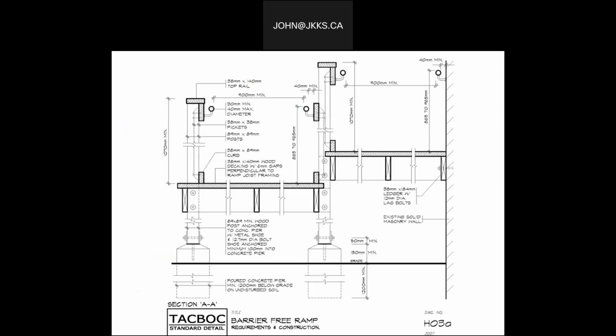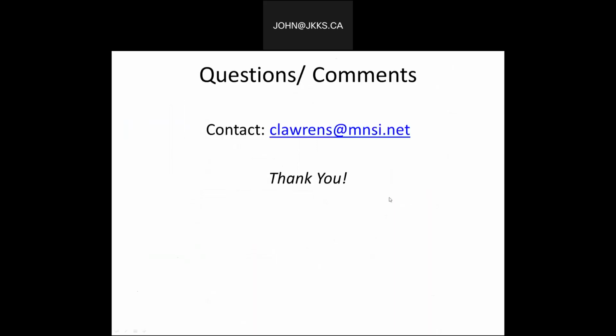In fact, this particular illustration is a series from one of the building departments in Ontario. I believe it's in the Toronto region, and it shows a lot of good details about barrier-free ramps, garage construction, house additions, and so on. So I just wanted to carry that on to you.